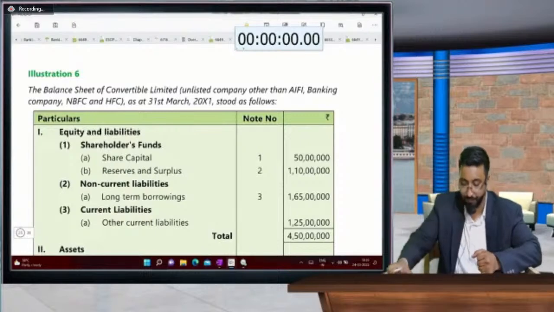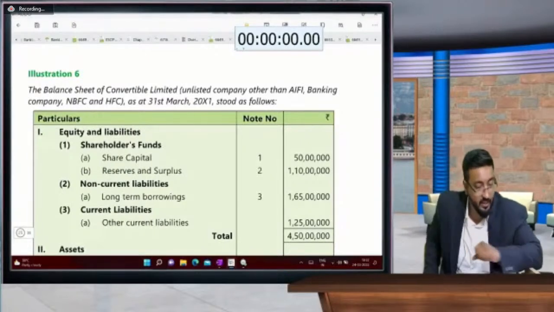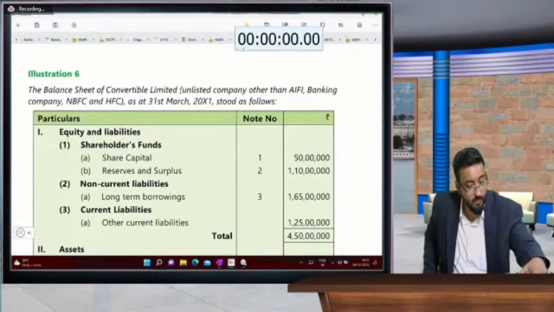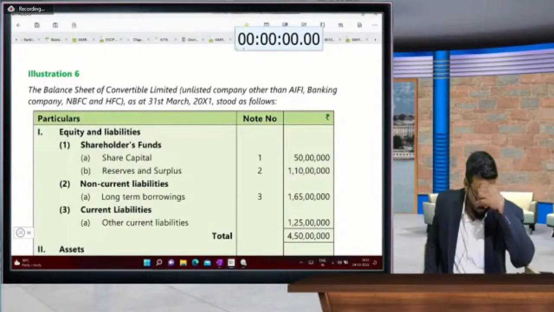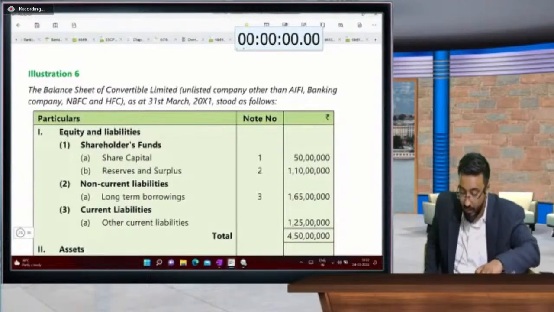The balance sheet of convertible debentures. So this is the last question of the day.